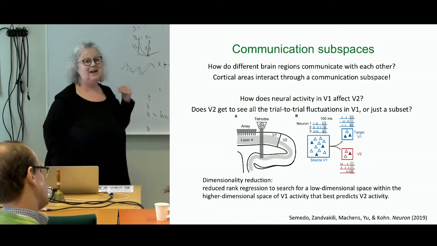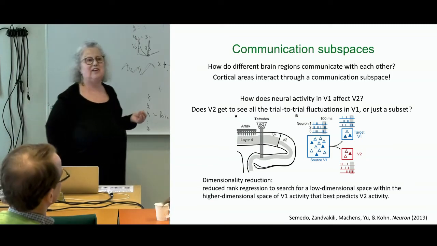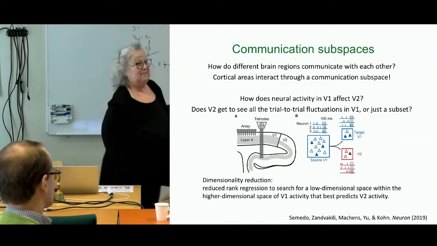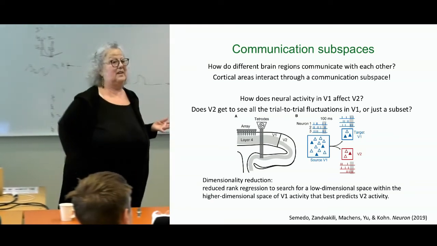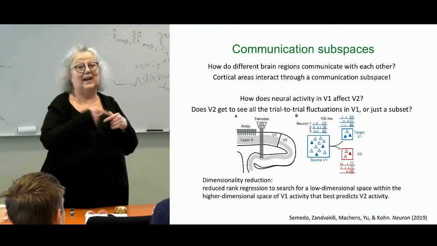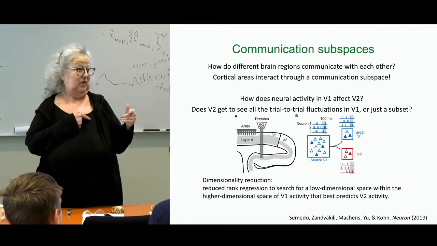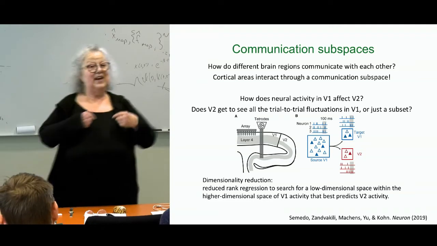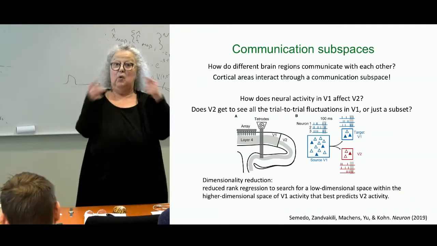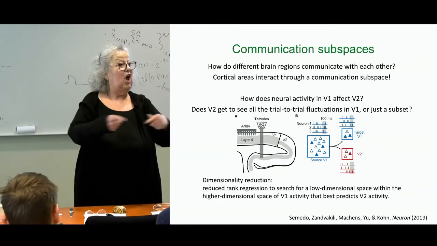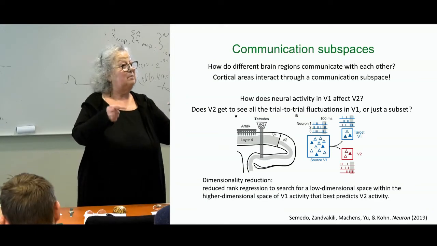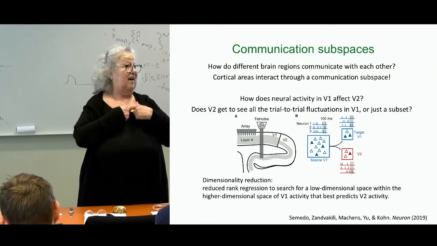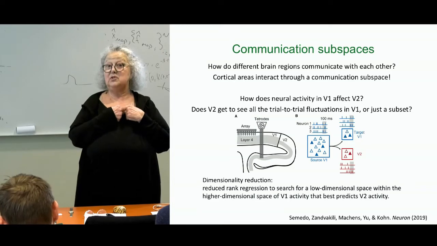So if you do linear dimensionality reduction on V1, like using principal component analysis, what you're doing is finding dimensions in V1 that account for the most variance in the activity of V1. But I could ask a different question. I could ask, if I am a neuron in V2 looking at the population activity in V1, which are the directions in V1 that are most relevant to make me fire, to activate me as a V2 neuron?